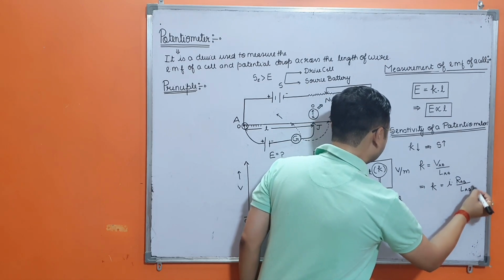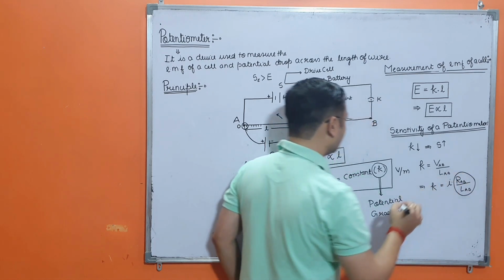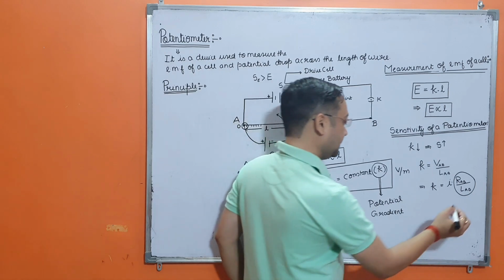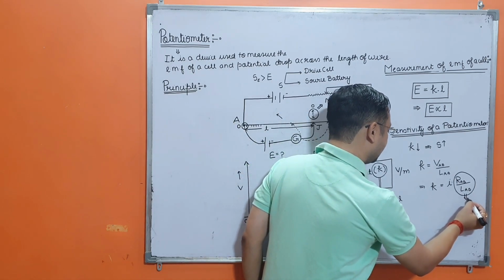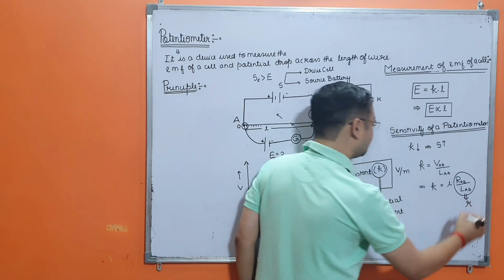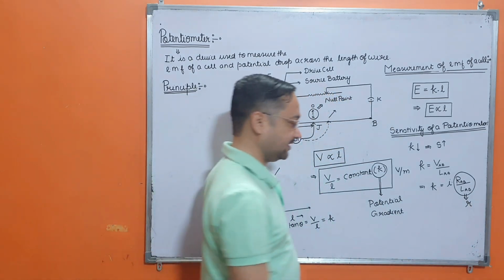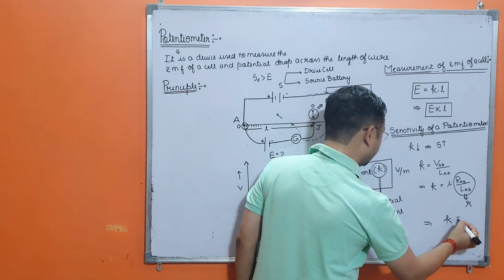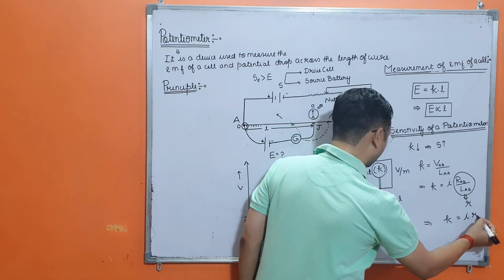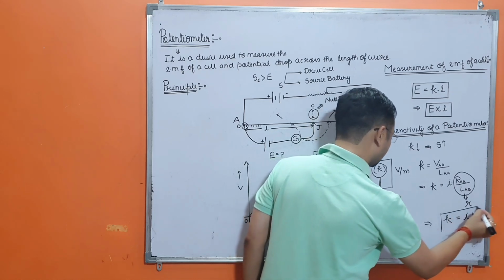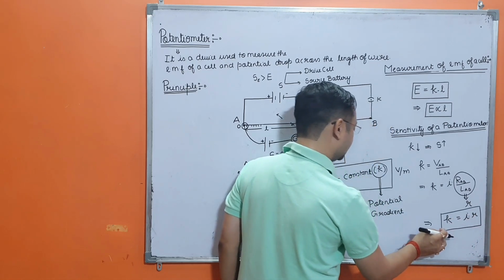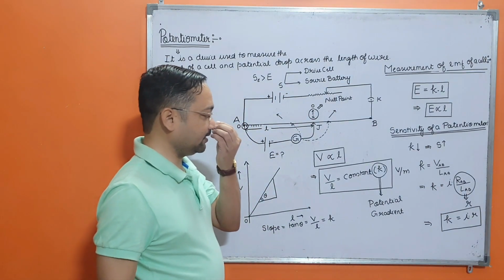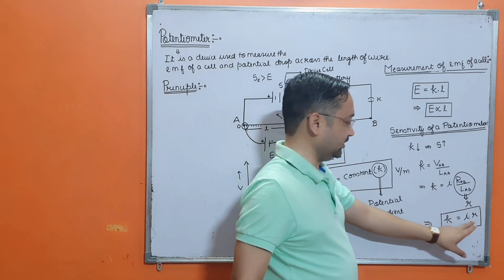Dividing the resistance of the wire by its length gives the resistance per unit length, small r. This implies that K = I r. This is the potential gradient, the potential drop per unit length of the wire.